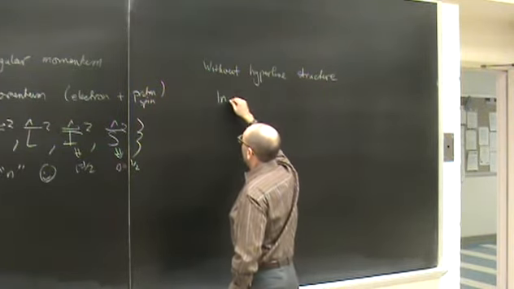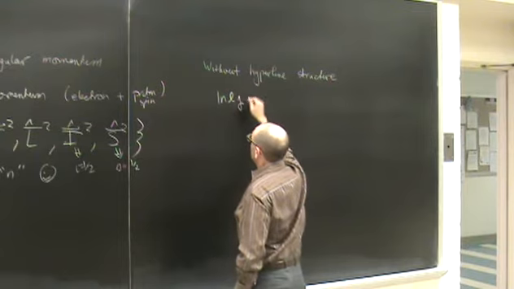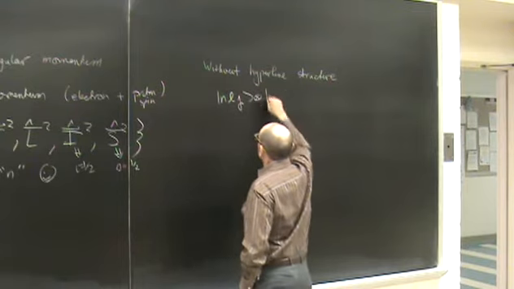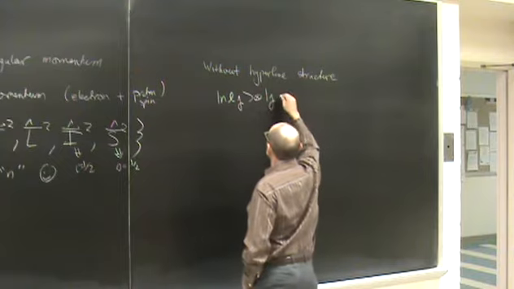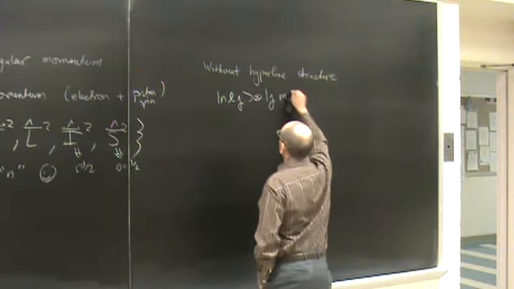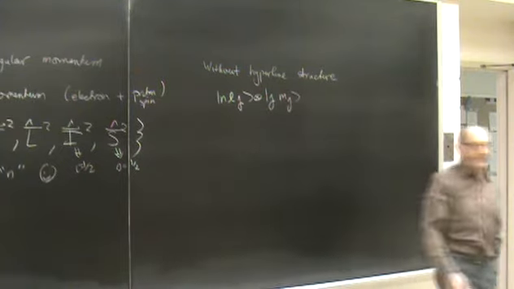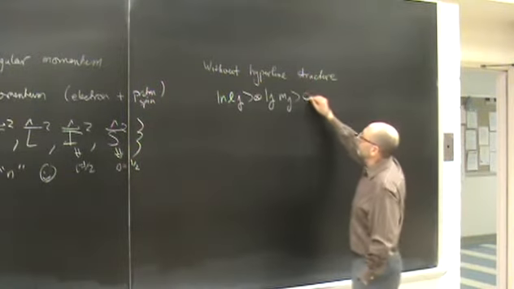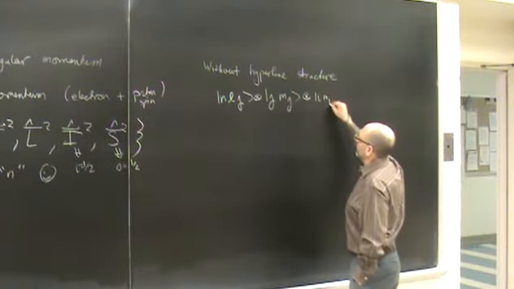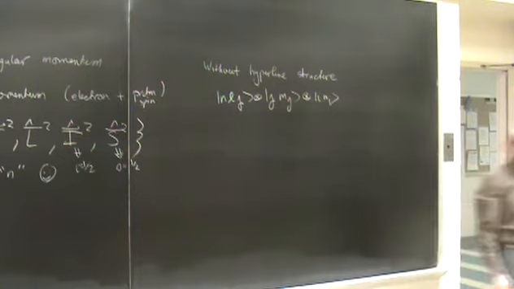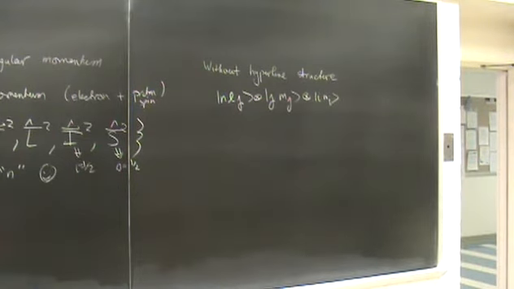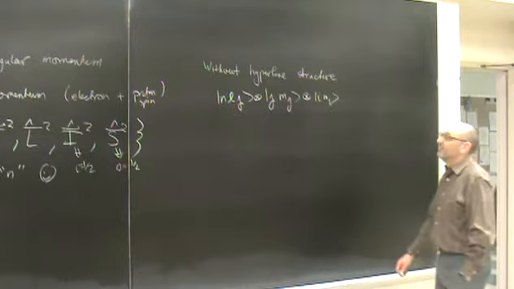We had n, l, j, right? I'm not going to write the s. And then there was tensor I, m sub I. All right. Now what happens?